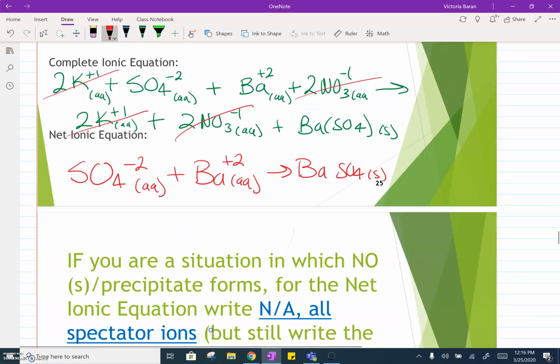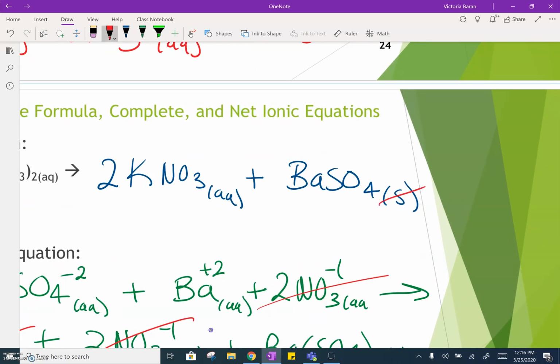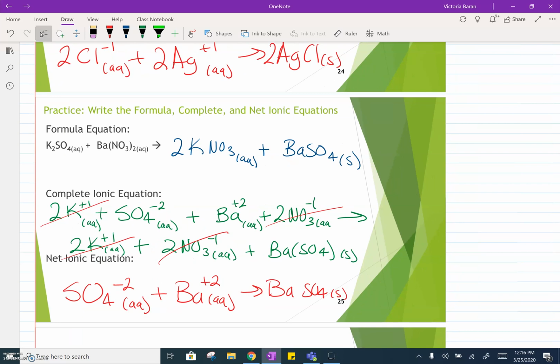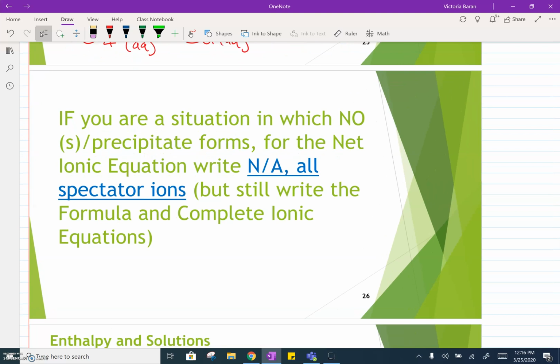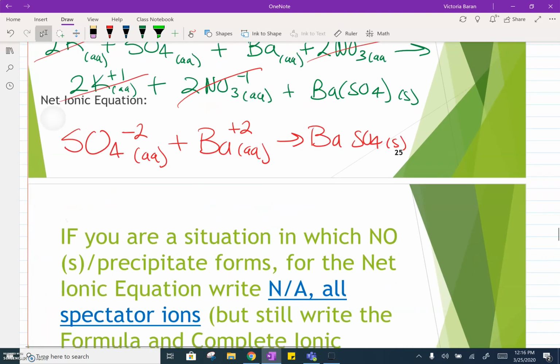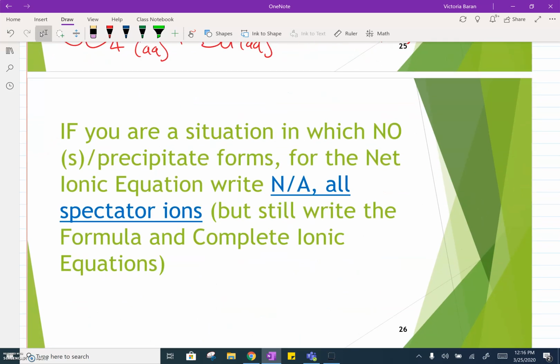Now, let's say you have a situation where, let's say this one was also aqueous, hypothetically, okay? So let's say if it is that situation where you don't get any solid precipitate, nothing is insoluble, then for the net ionic equation, you wouldn't write anything. You would just write NR, all spectator ions.